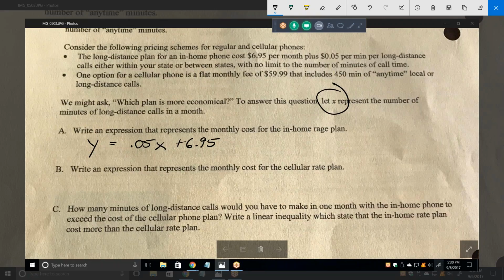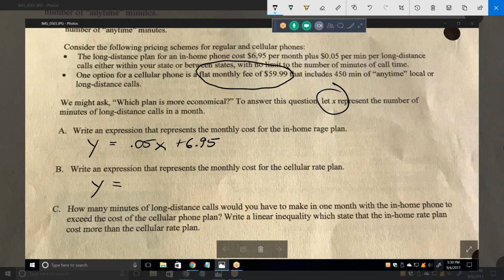450 minutes of, so would it just be y is equal to 450x plus 59.99? No, this is a flat monthly fee. It's very similar to my current cell phone plan, only mine's cheaper, $50 a month.